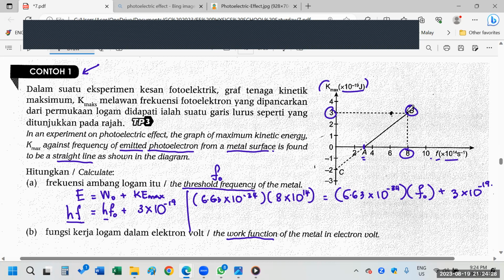Okay, we look at maximum. So this one maximum means here hf photon.